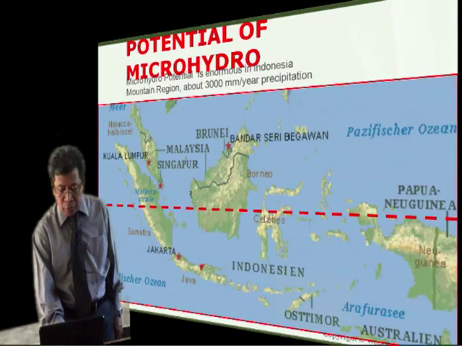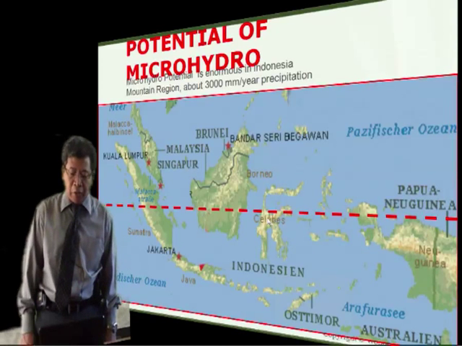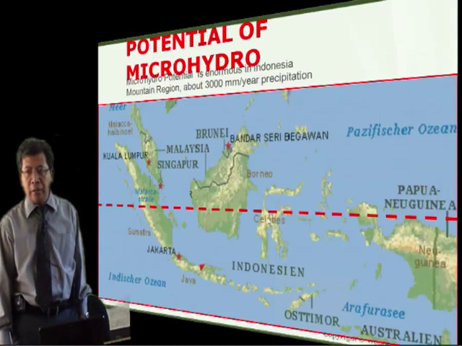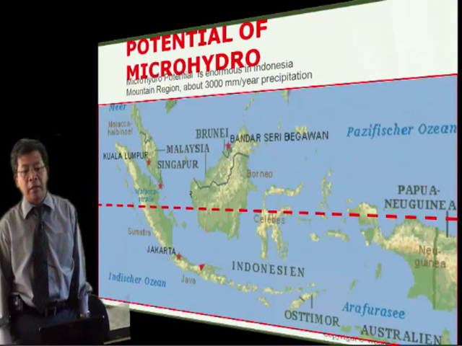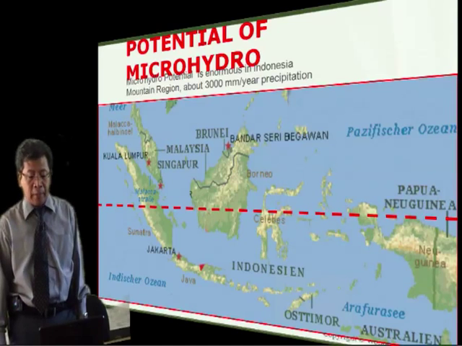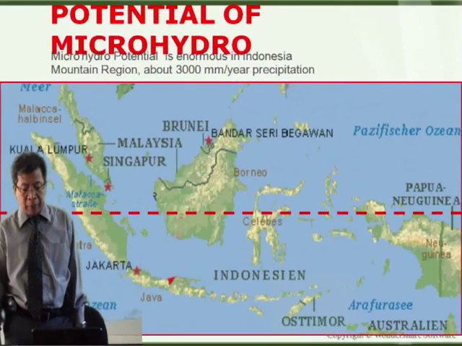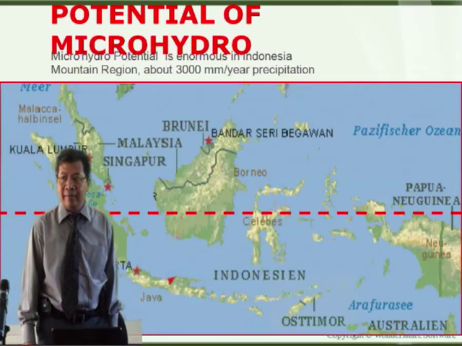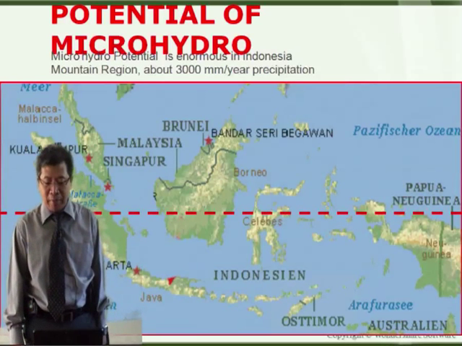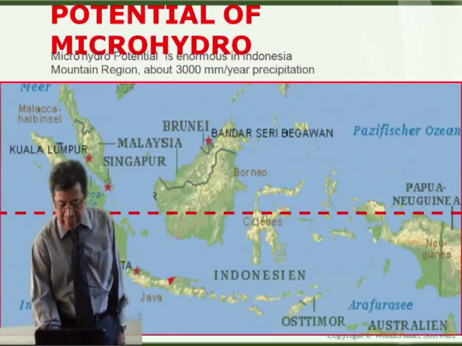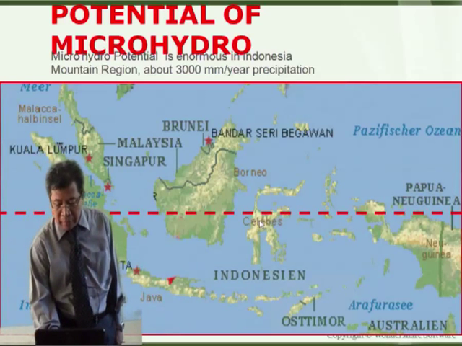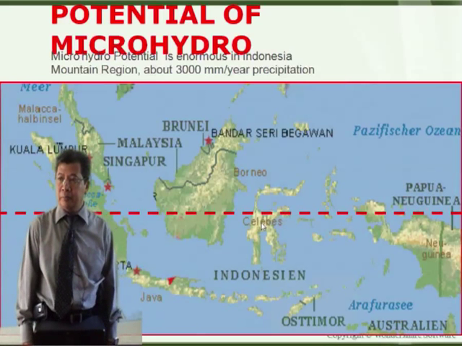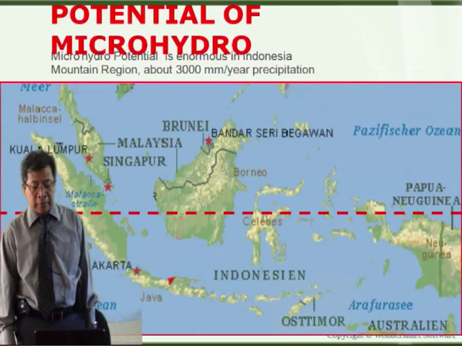I was in Poso here, and I found very huge potential. It's not microhydro anymore, but people are developing 186 megawatt in Poso by Bukaka and Independent.